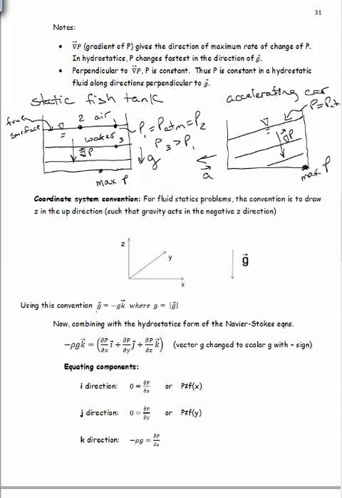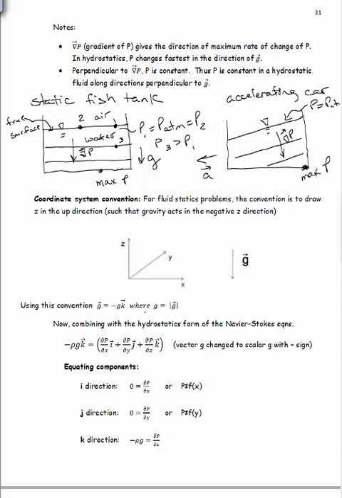So the g vector is actually minus the constant g times k. The constant g is your 9.81 meters per second squared, or your 32.2 feet per second squared.